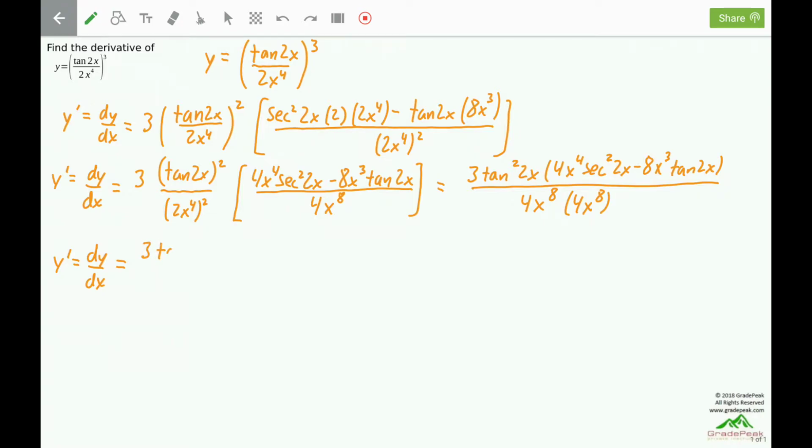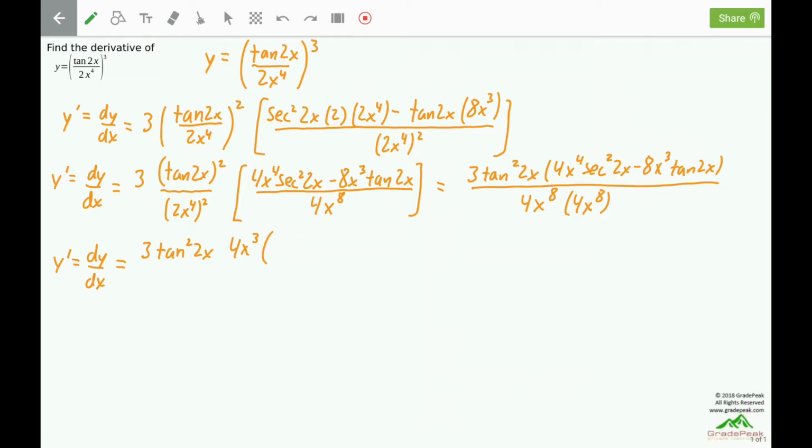But we have that 3 tangent squared of 2x. And we have a factor of 4 that can come out of here. And we have an x to the fourth power here and x cubed here, the lower of the two powers. x cubed is what you'll be able to factor.